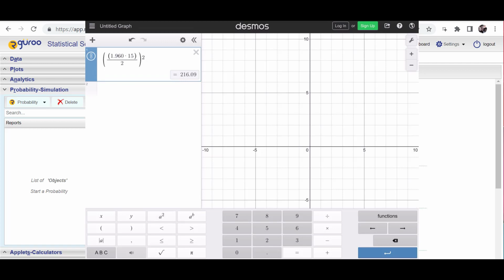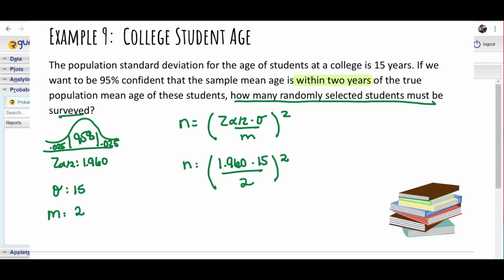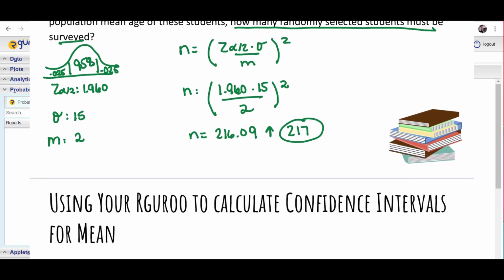And you get 216.09, which you have to bump up to the next whole number, which would be 217. So in order to get a 95% confidence interval with a margin of error of 2, you need 217 people in the sample size.